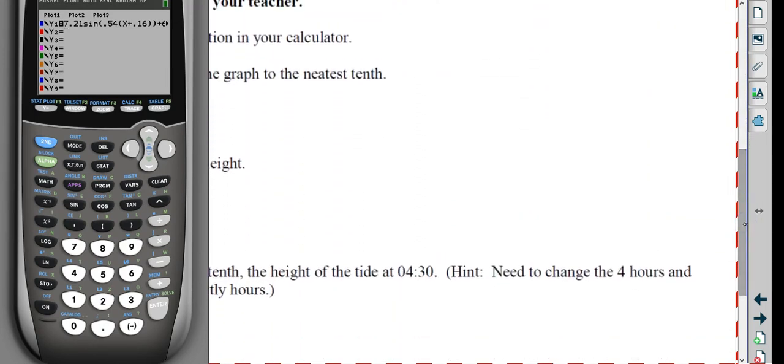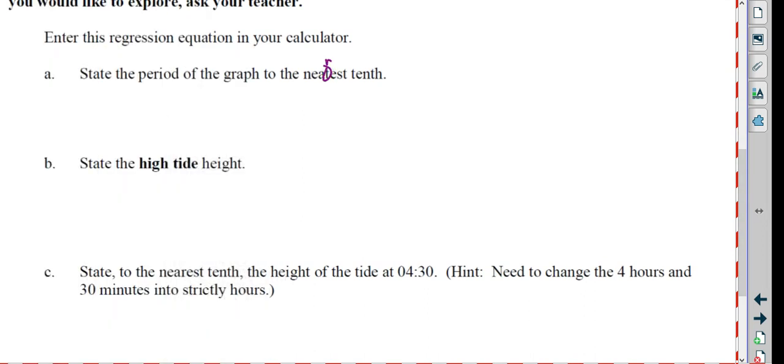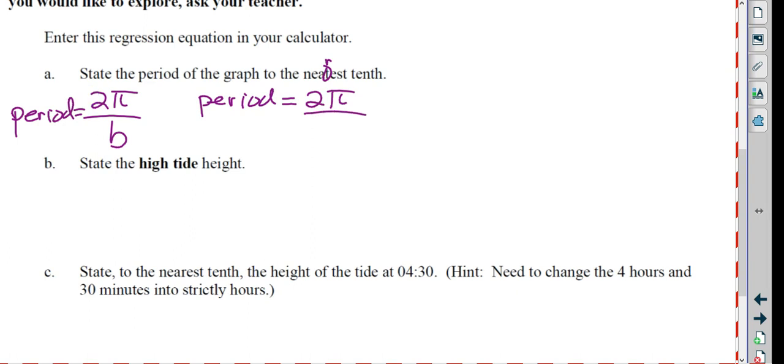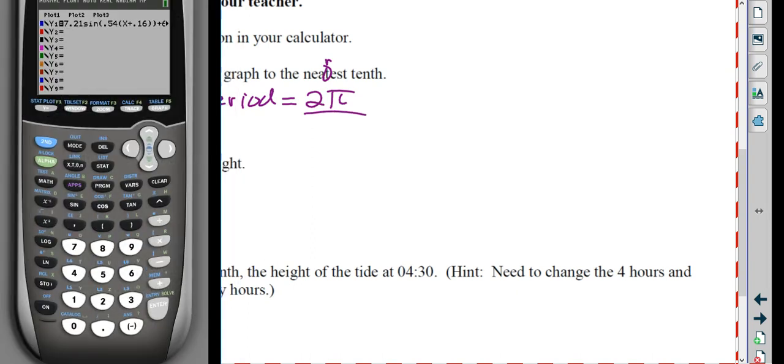State the period of the graph to the nearest tenth. What is the period to the nearest tenth? Okay, what's B? 0.54.